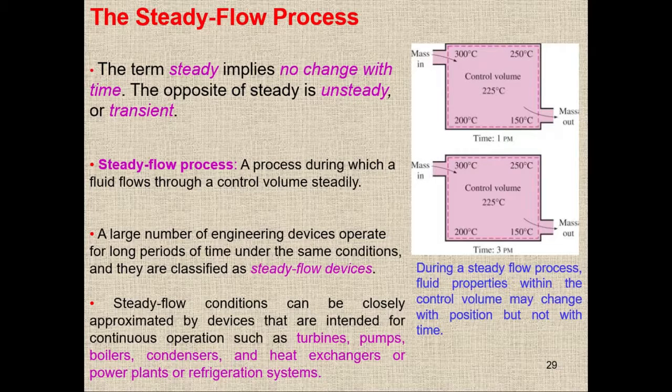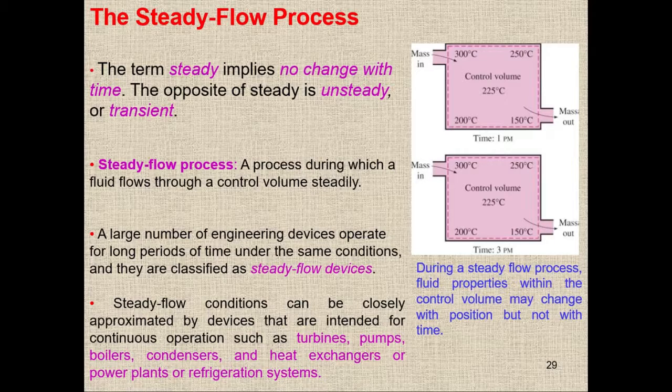Steady flow conditions can be closely approximated by devices that are intended for continuous operation, such as turbine, pumps, boiler, condenser and heat exchanger. And even for a refrigeration system we define it as a steady flow process. So this is all about the steady flow process, when there is no change with respect to time at a given point.